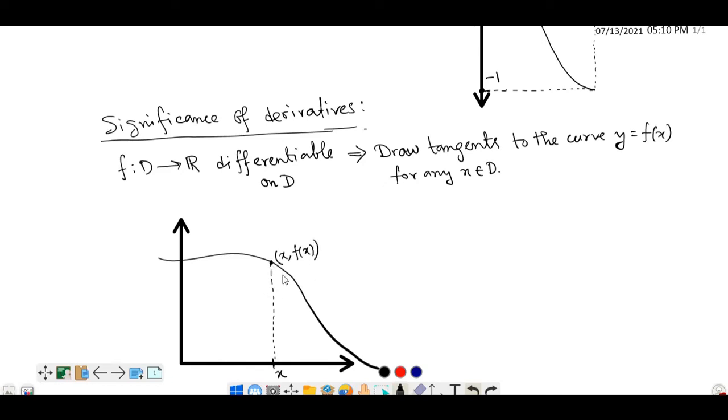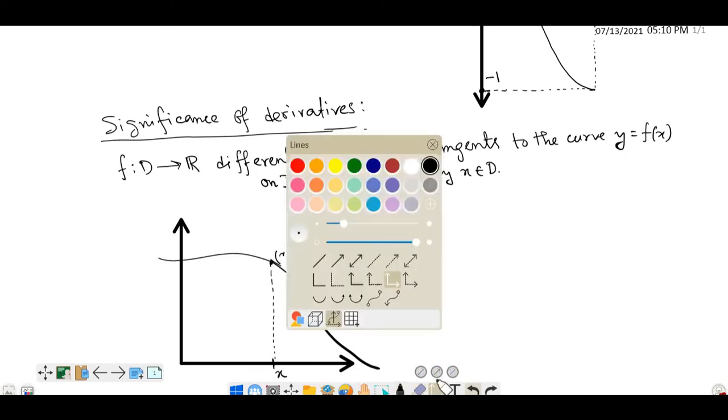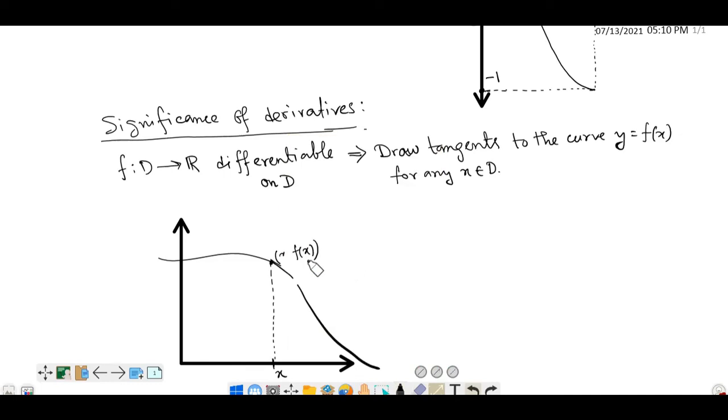The important thing is that we can draw a tangent here. It is not possible to draw it with the pen, but I will try to draw it using straight lines. We can draw a tangent just like this.